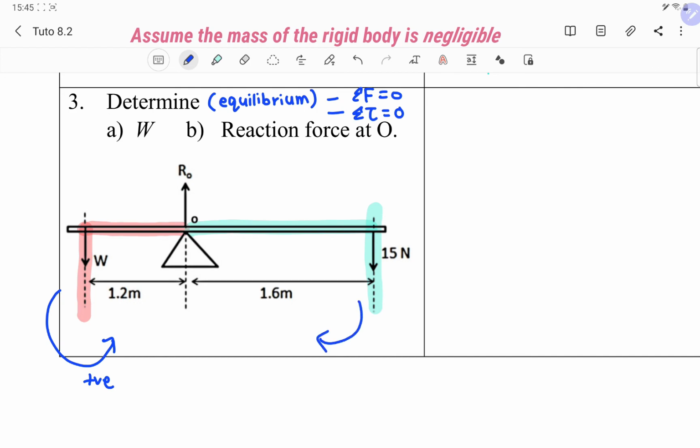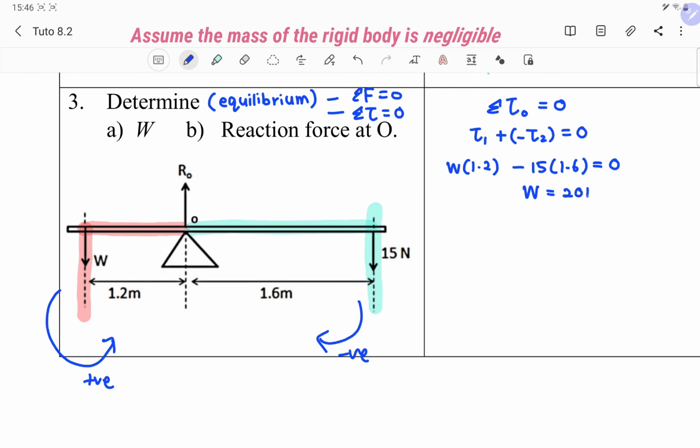This one is going to be clockwise, negative. So we can write summation of torque at point O is equal to 0. Torque 1 plus negative torque 2 equals 0. So torque 1 is W times 1.2 minus 15 times 1.6 equals 0. Then W is equal to 20 Newton.